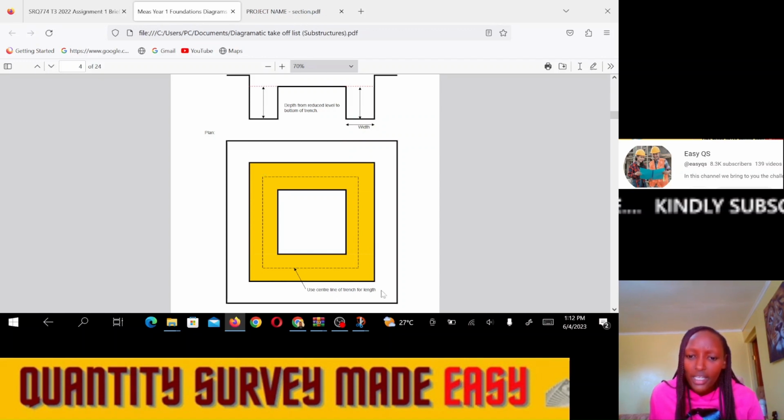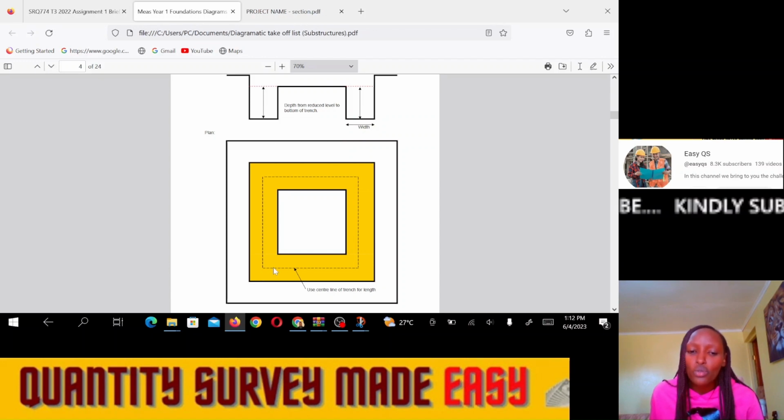This other area here is on this level, which was the existing ground level. But all this other area inside is on this reduced level. All right, so when you're excavating the trenches, we will start from the reduced level going down until the bottom of the trenches. So how do we measure for the excavation of the trenches?